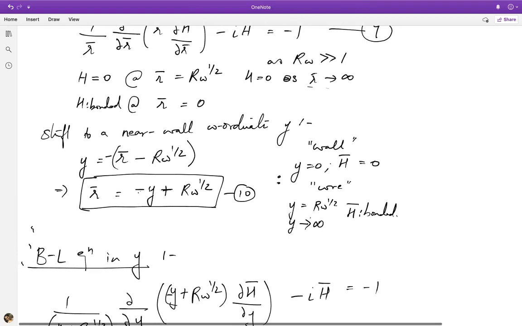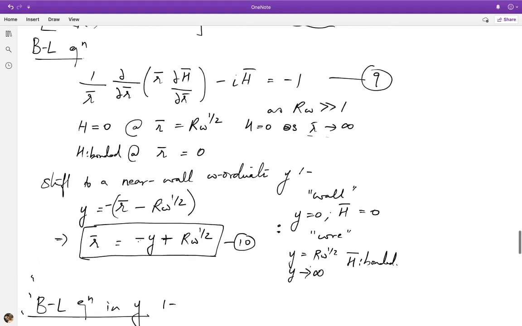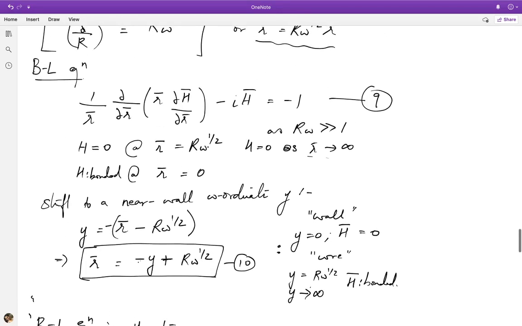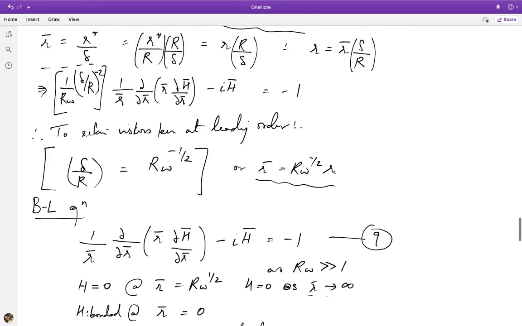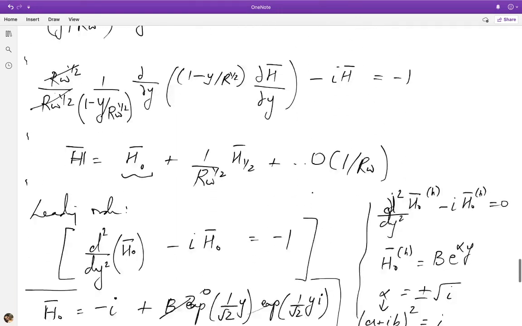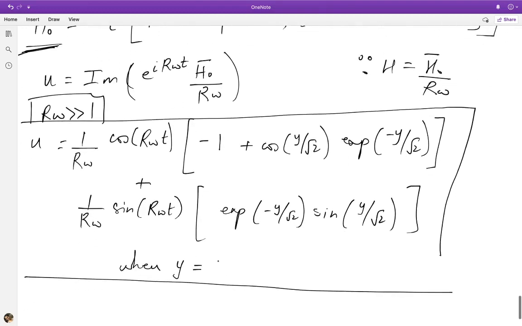So y is RW to the half minus R bar, but R bar is itself RW to the half R. So y is basically RW to the half times 1 minus R, where R is the original coordinate that goes from 0 to 1.